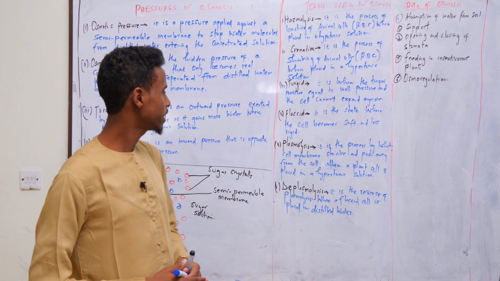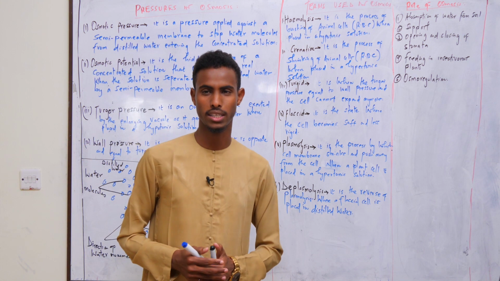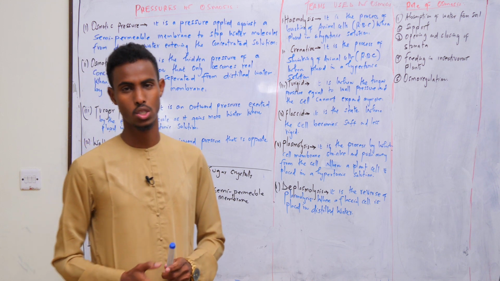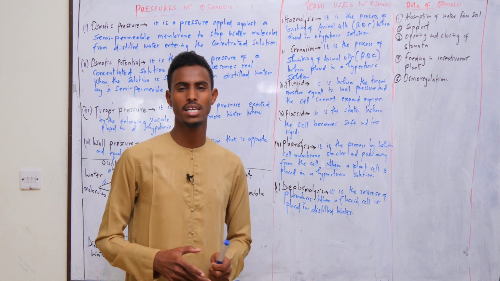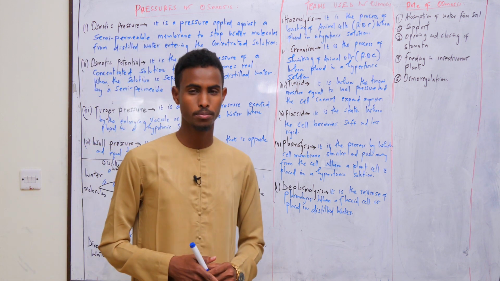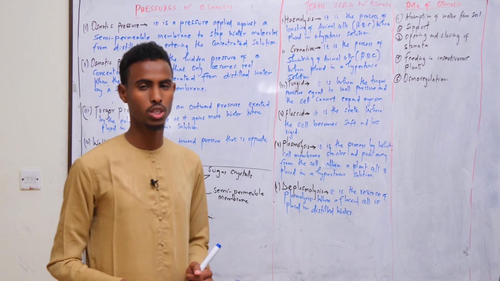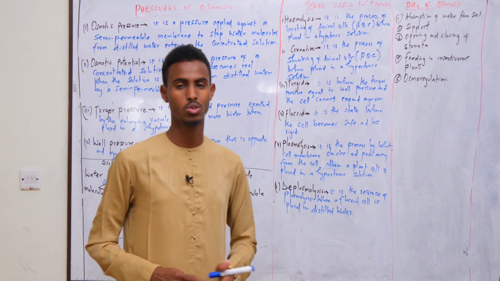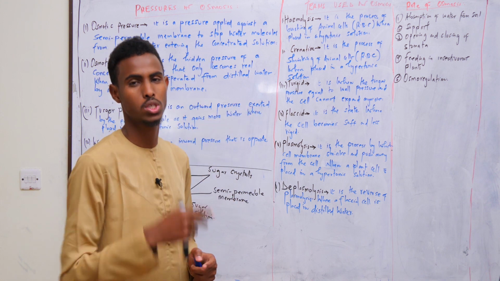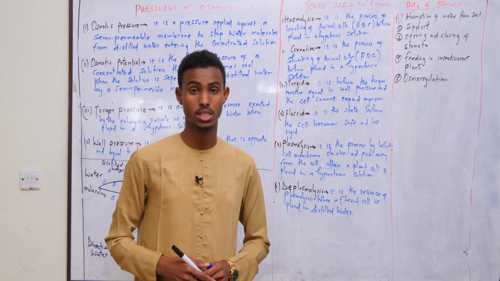As you can know class, there are three different solutions. We have the hypotonic solution, a lowly concentrated solution, or rather a solution which has high solvent molecules and less solute molecules. You have a hypertonic solution, sometimes referred to as a concentrated solution, and it has high solute concentration and less solvent concentration.